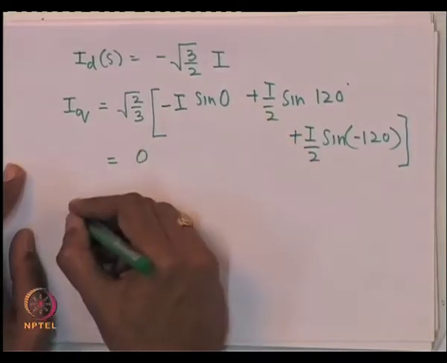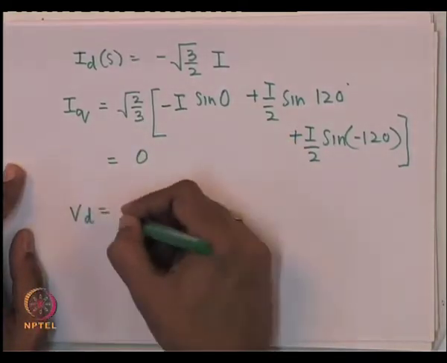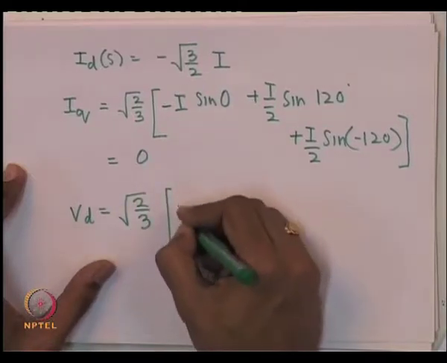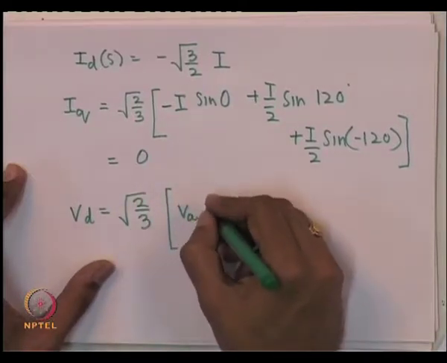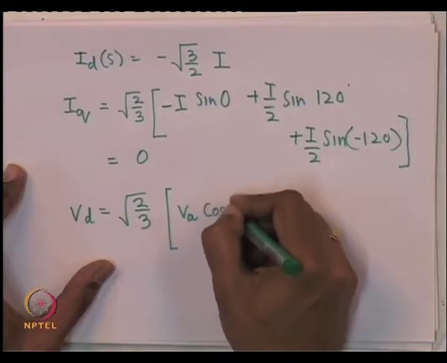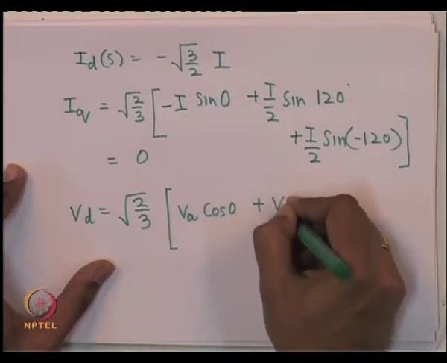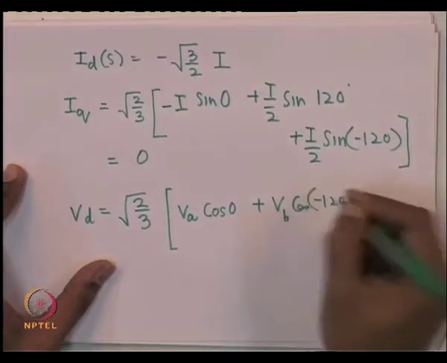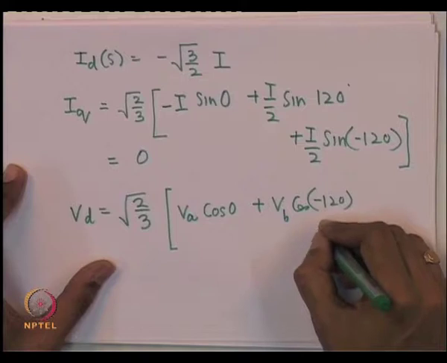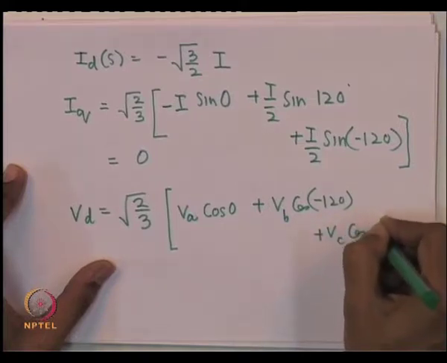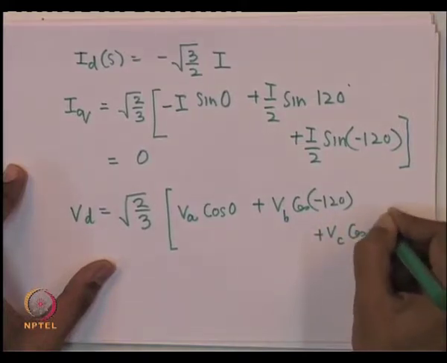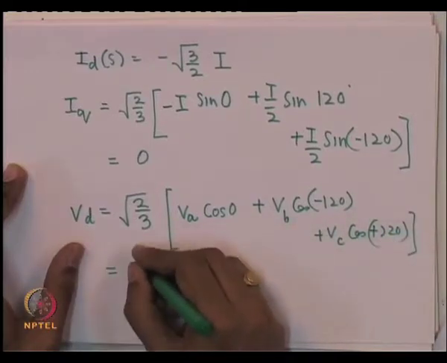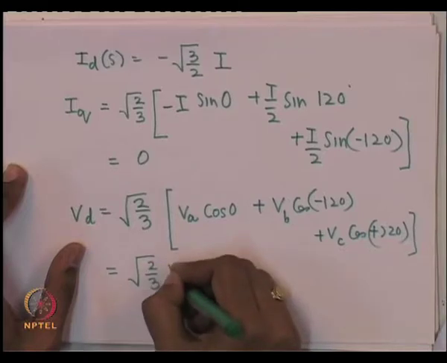Similarly, V d is equal to root 2 by 3 into V a cos of 0 plus V b into cos of minus 120 plus V c into cos of plus 120, and that comes out to be equal to root 2 by 3 times V.